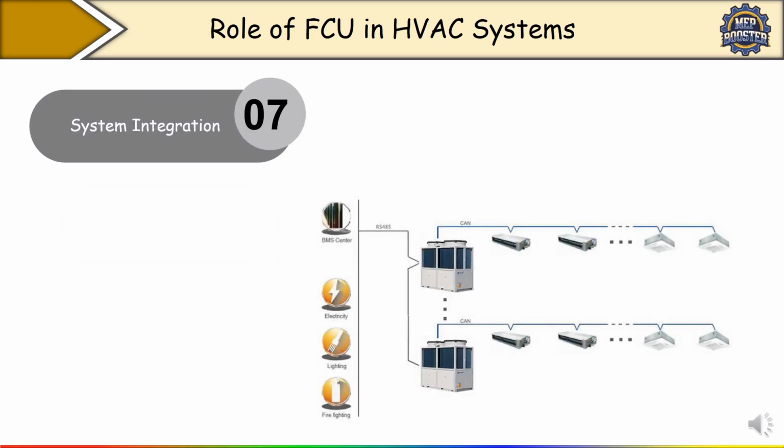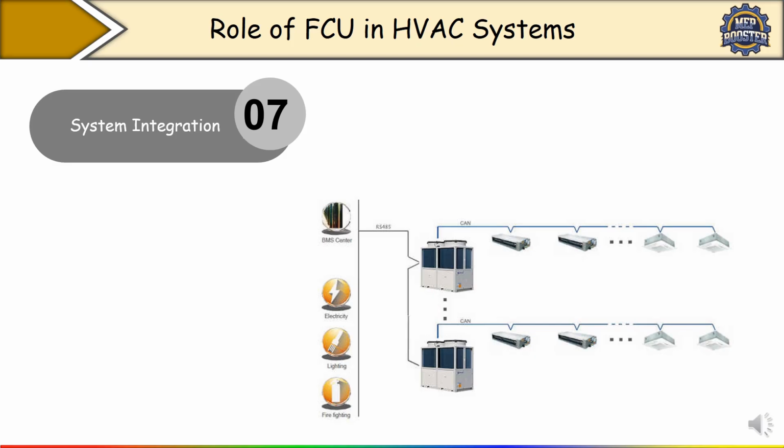And finally, system integration. FCUs are also designed to integrate seamlessly with central HVAC systems such as chilled water systems or hot water boilers, and with thermostat control for easy management. So how does it work? Generally, what happens here?